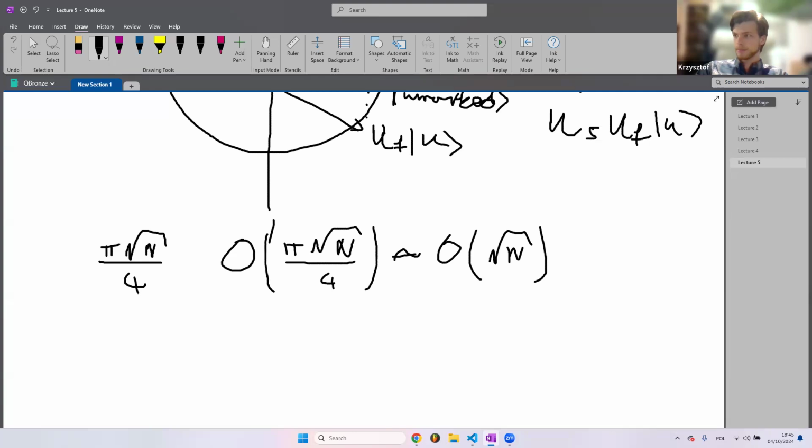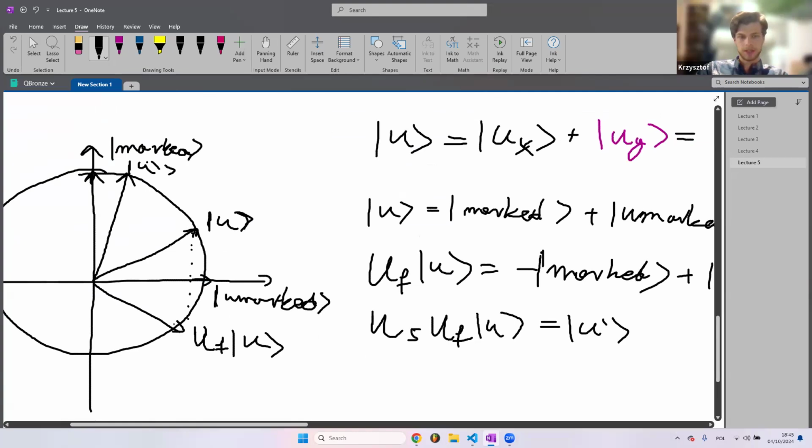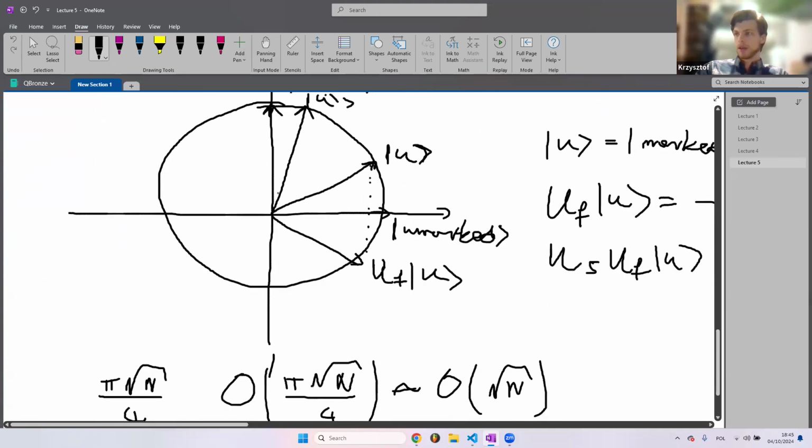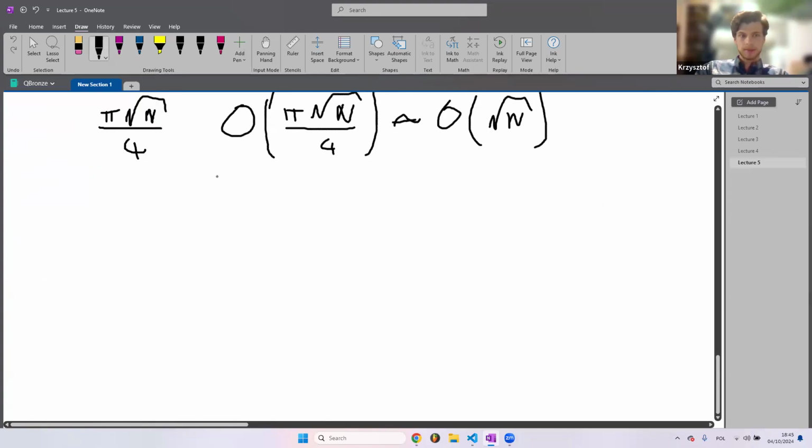And we can also think about the mathematical representation of this inversion about the mean, this operator. So we said that the initial quantum state will be 1 over square root of n, and 1 over square root of n, n number of times.